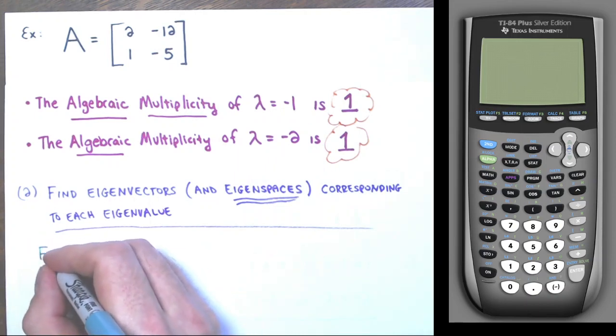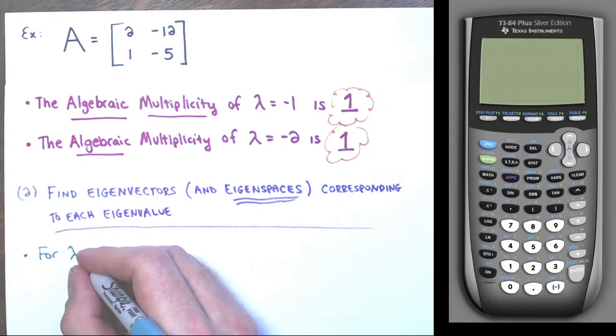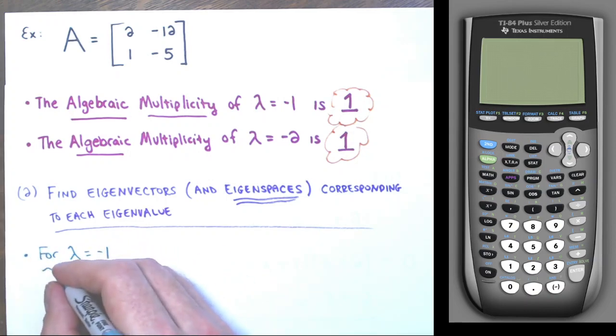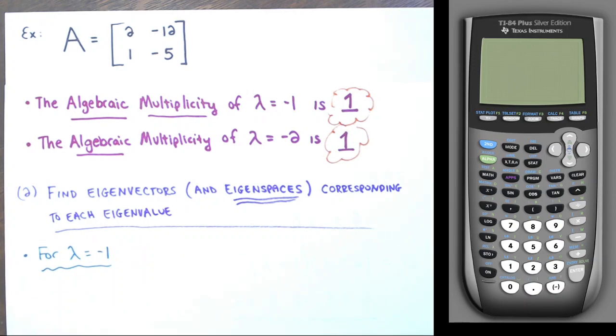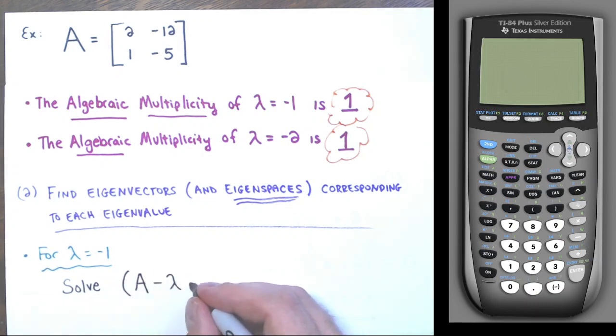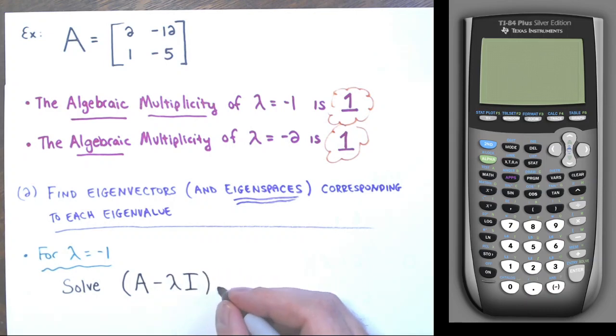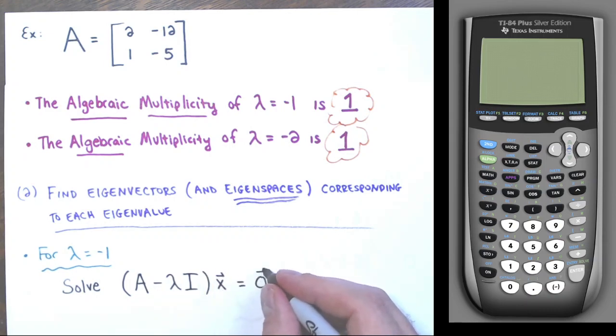All right, so for lambda equals negative 1. Now remember, to find the eigenspace of a particular eigenvalue, you are finding the solutions to this equation: A minus lambda I times x equals the zero vector.